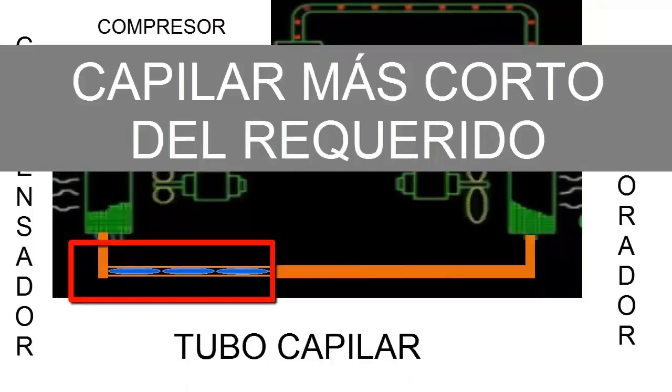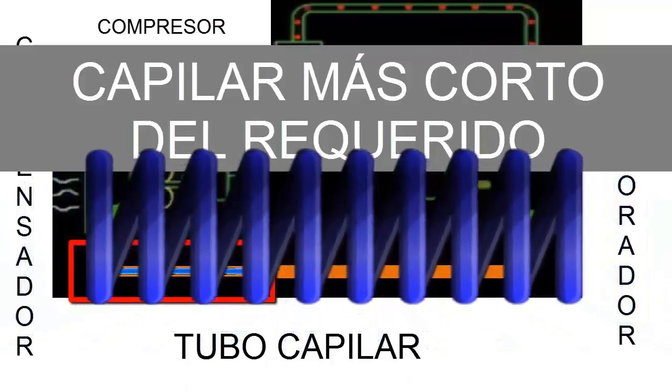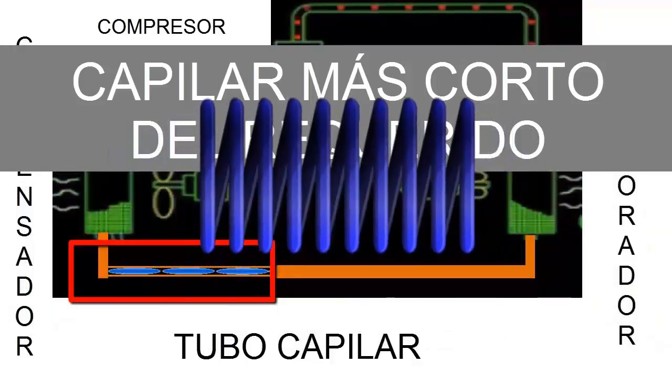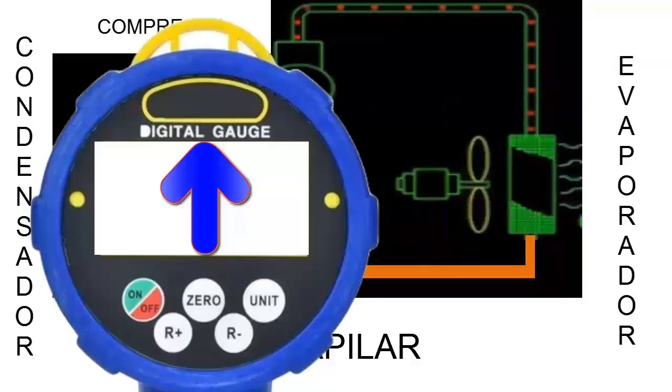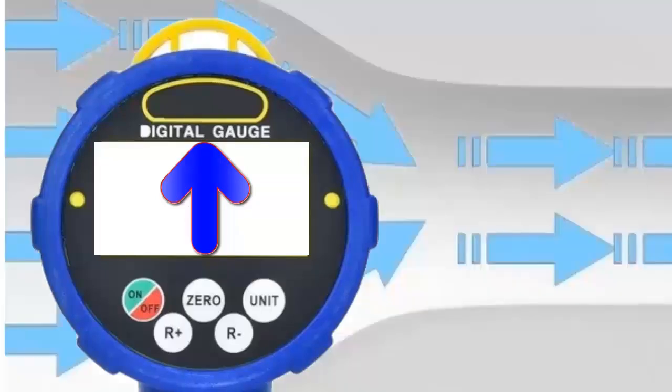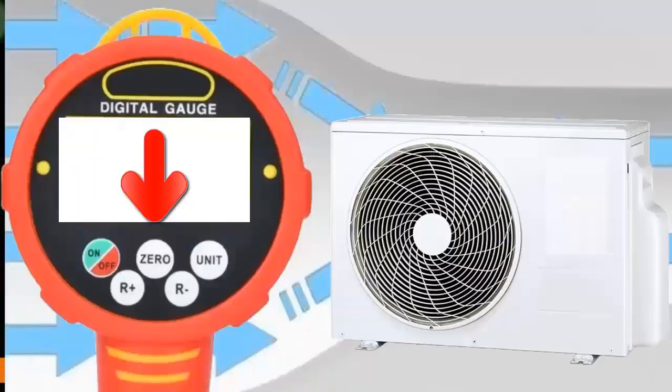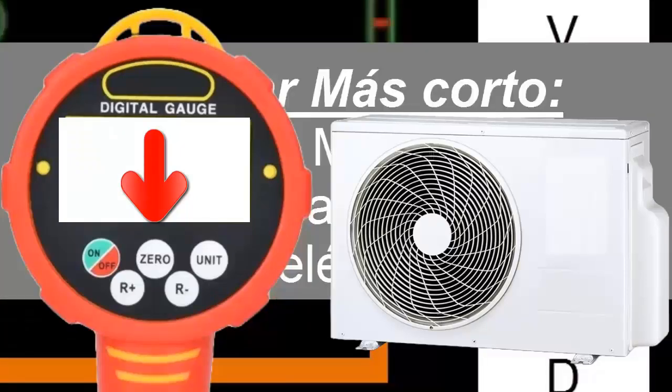Case 2. Capillary tube shorter than required. When the capillary tube is shorter than recommended, the opposite occurs. Less flow restriction, allowing refrigerant to move more easily from the condenser to the evaporator. This significantly reduces high pressure, which can compromise the condensation process.